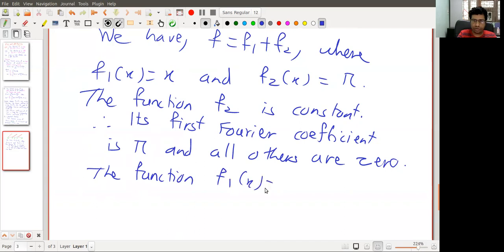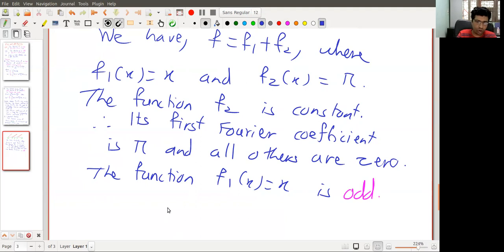Now the function f1 of x equal to x is an odd function, because f1 of minus x is minus x, that is minus f1 of x. Therefore, we will have a Fourier sine series.